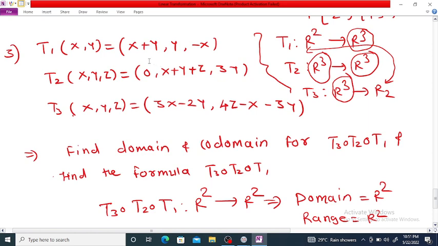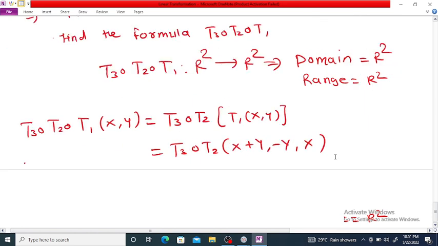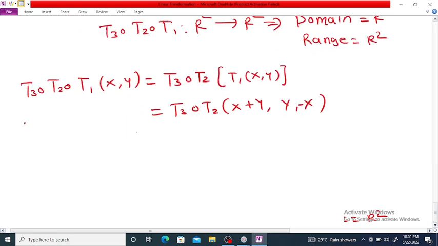I am checking once again, (x plus y, y, minus x). So now T3 of T2 of T1 is T3 of T2 of (x plus y, y, and minus x).